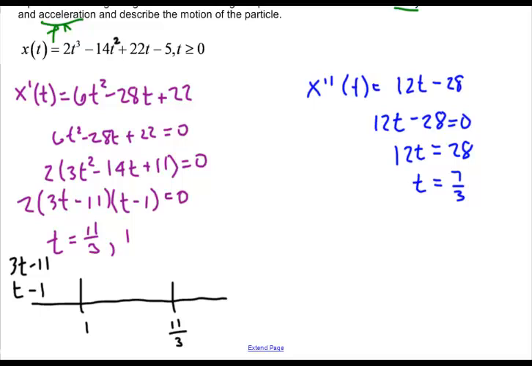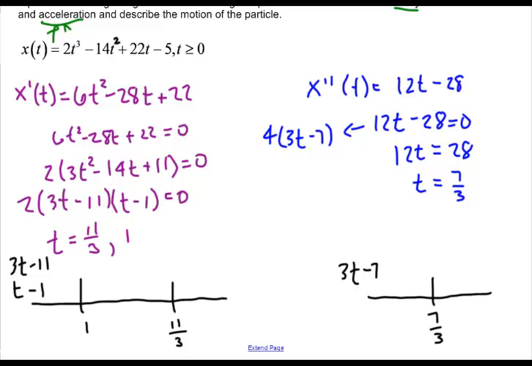And then for the acceleration, we're going to check 7/3. Just like the previous problem, we could factor out a 4 from both pieces, which would give us 3t minus 7. And so again, I could just check the 3t minus 7. The 4 will never change signs.